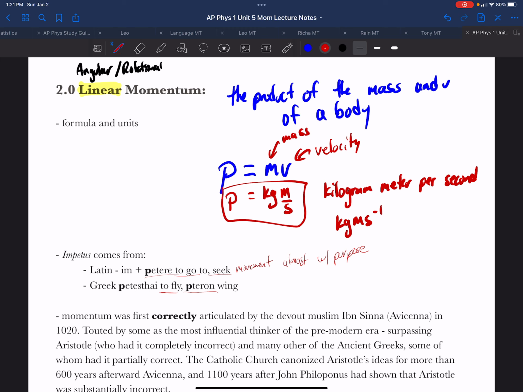To fly. If you are riding your bicycle down the road and you have a basket on the front of it with something in the basket, and you hit something and come to a stop, well, that object wants to keep going. It will fly out of your basket.